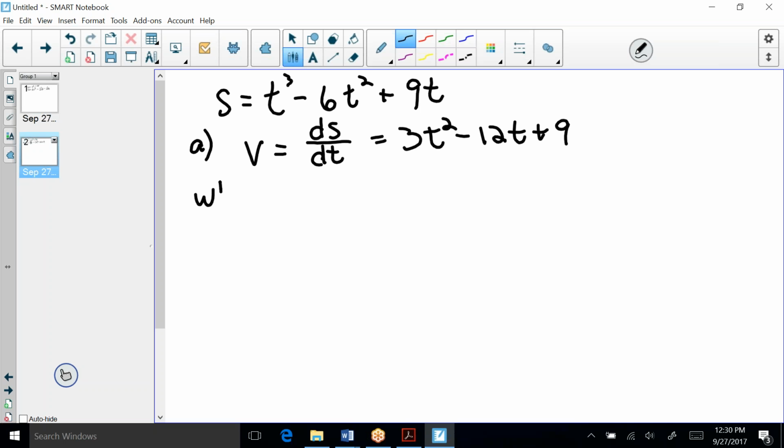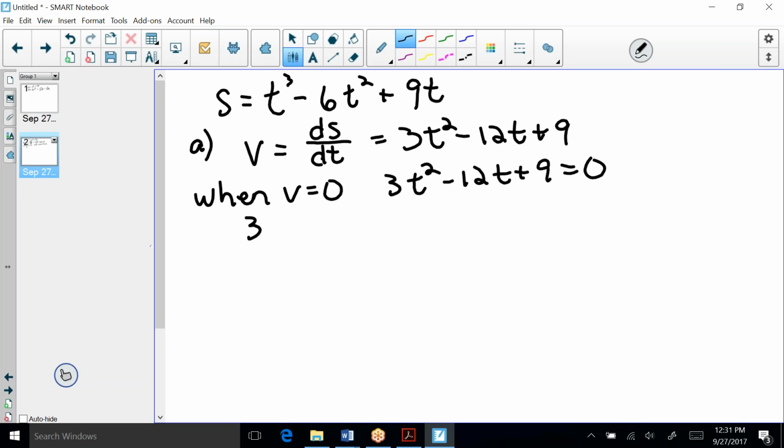When v is 0, 3t squared minus 12t plus 9 is equal to 0. So let's solve this equation for t and find the times when the velocity is 0. I'm not just randomly setting it equal to 0; they tell us that the velocity is 0.